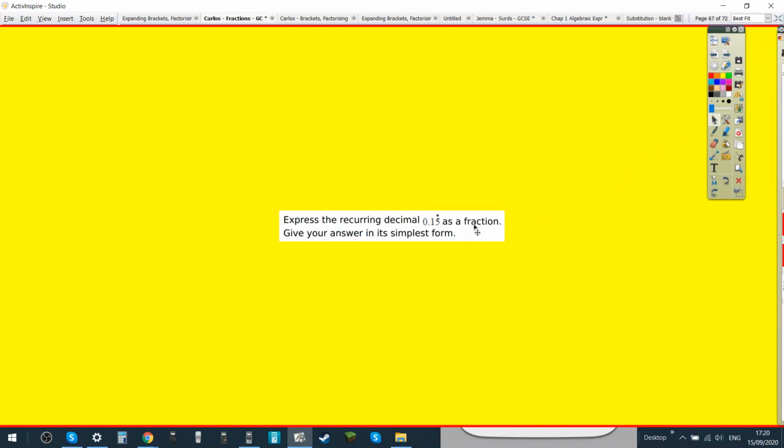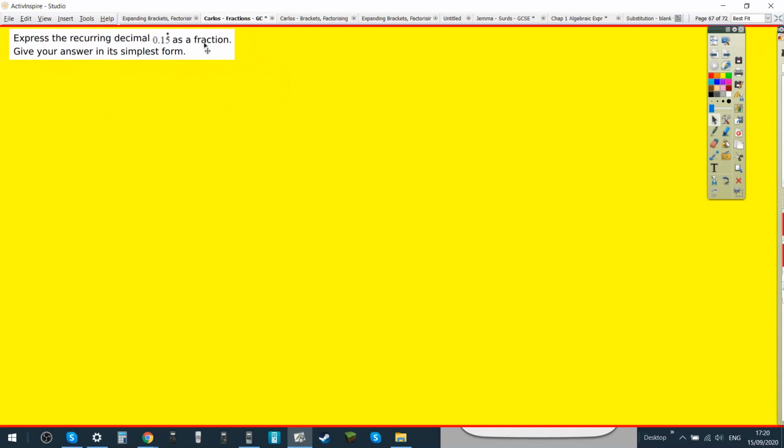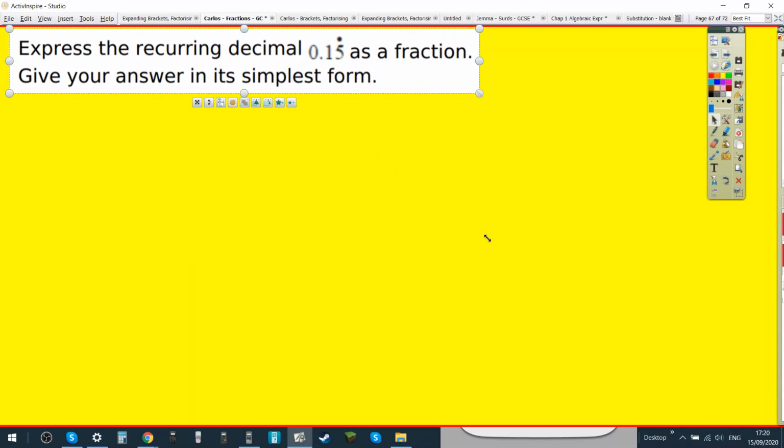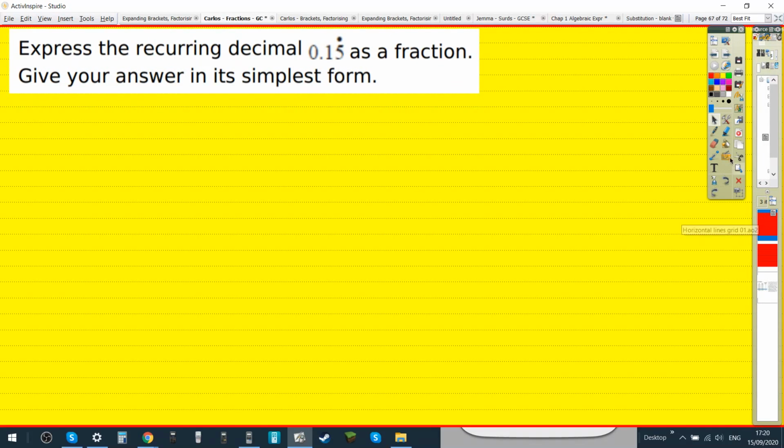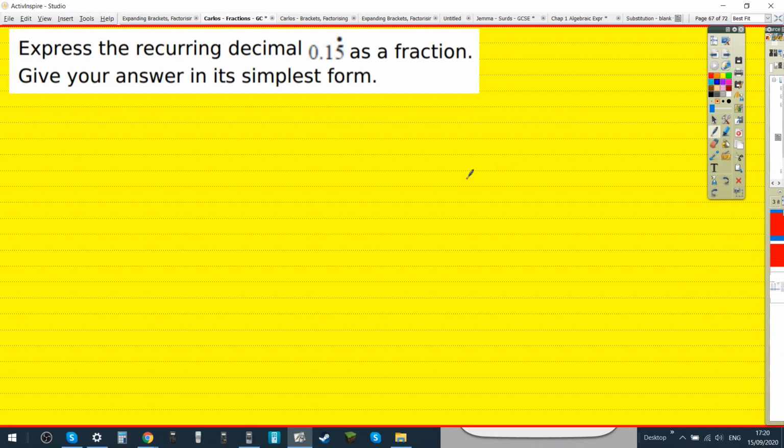Okay, how would we do this? Express the recurring decimal 0.15 (with the 5 recurring). So for this one you times it by 10. Yep.